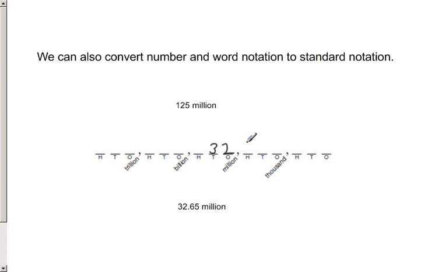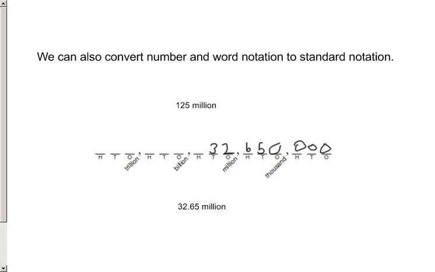And then I see the next significant places, 6, 5, and I'll fill in my zeros. So 32.65 million. I see the word million as my greatest place, 32. My period is replaced by the comma here, and my other significant digits are written, followed by zeros.